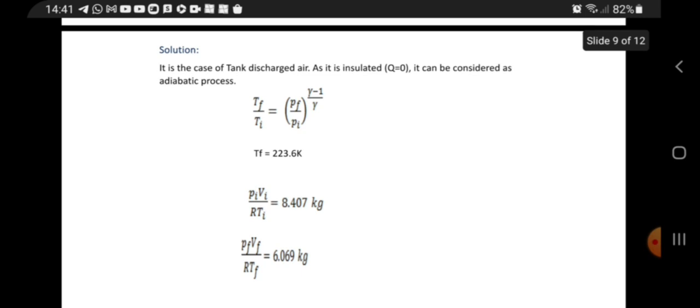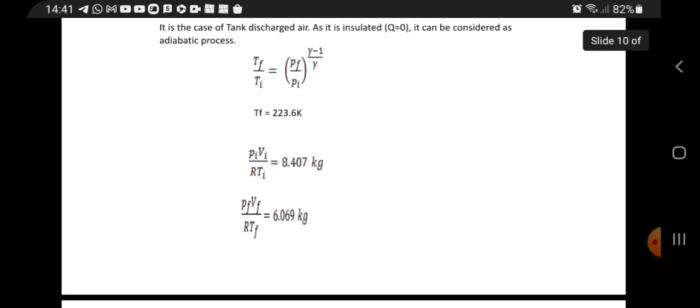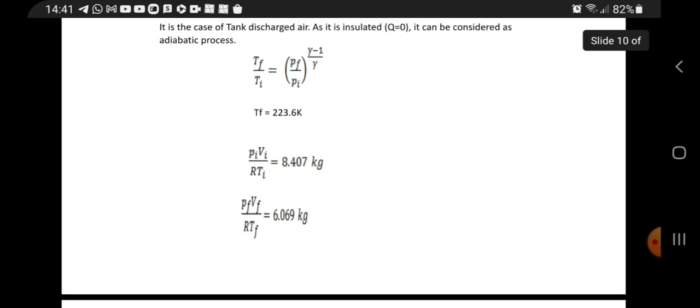So TF is equal to 223.6 K. Next, we write the formula PI V divided by R TI is equal to 8.407 kg. That is the initial mass. PF V divided by R TF is equal to 6.069 kg. That is the value.